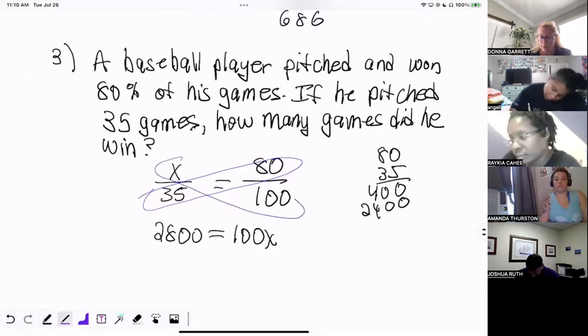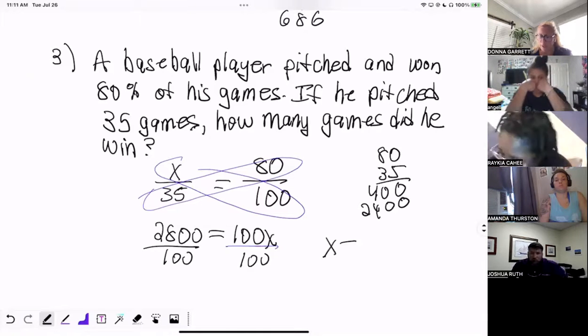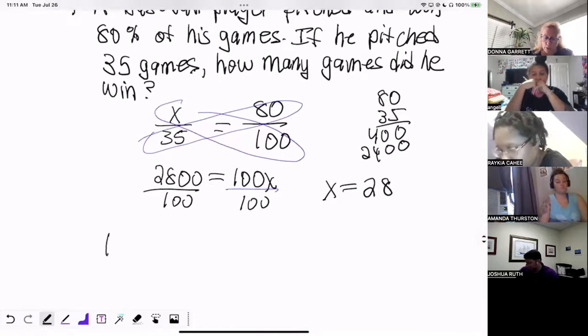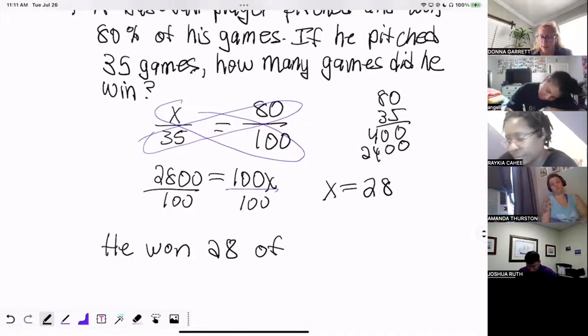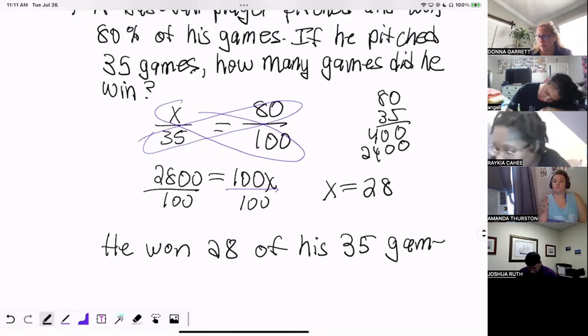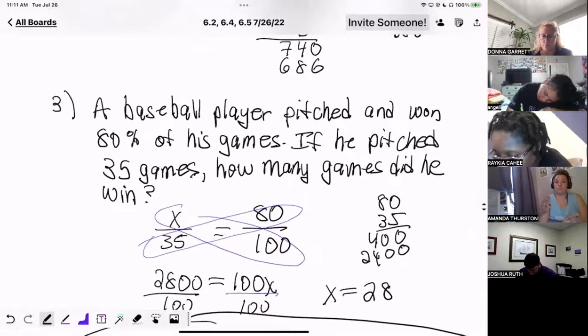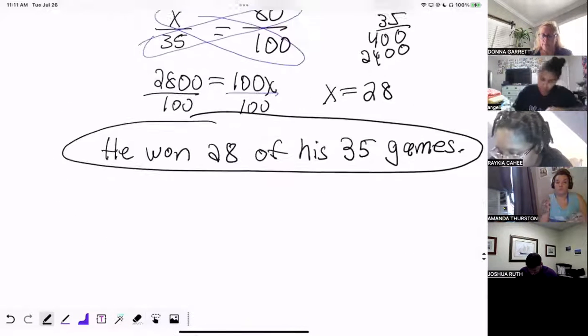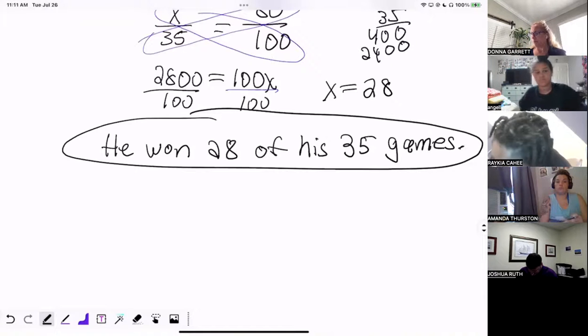Divide by 100. Oh, this was a nice one too. The answer is 28. It's a word problem, so we finish the words. He won 28 of his 35 games.